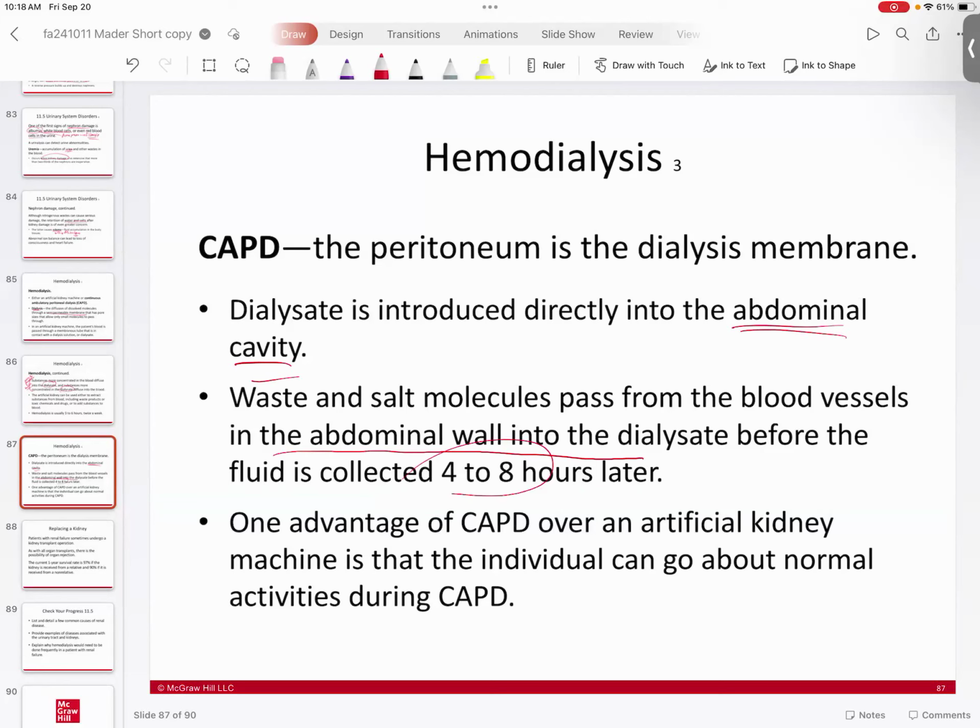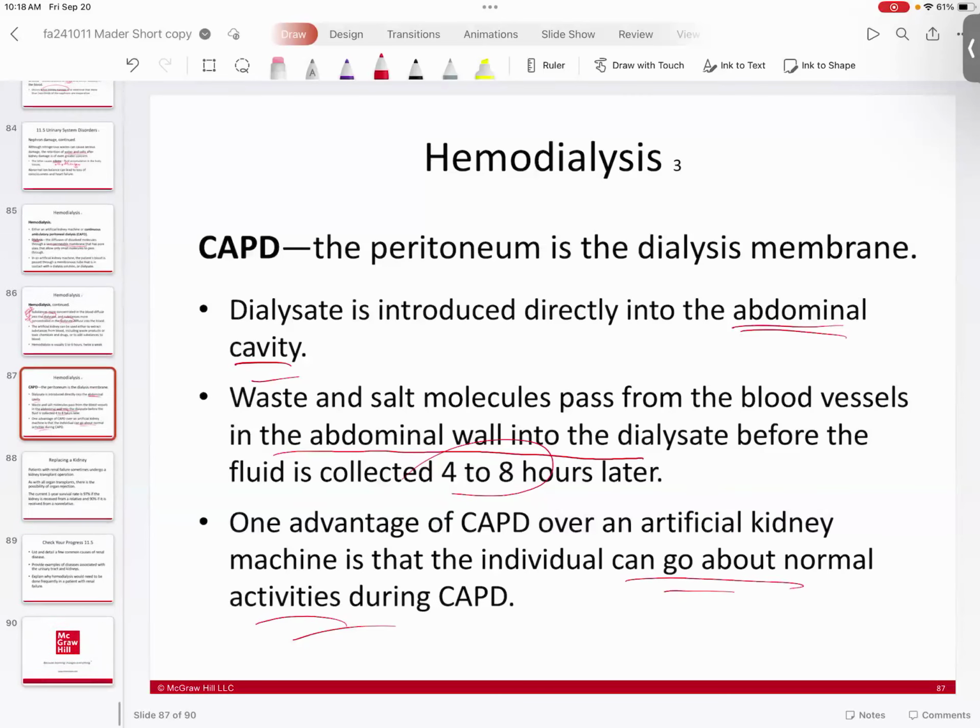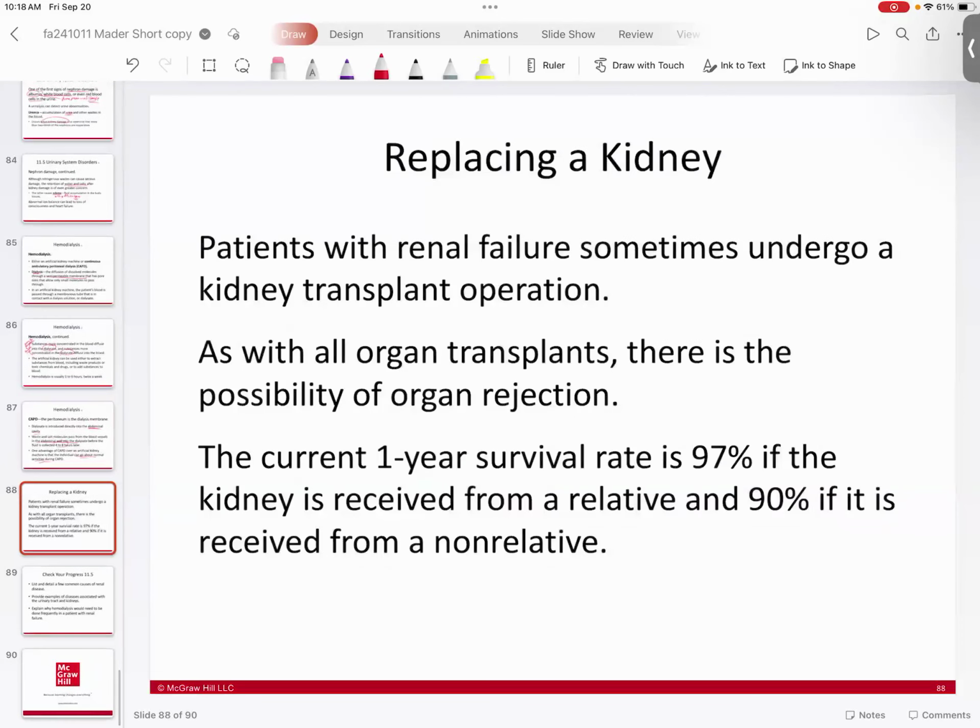So basically, you're kind of filtering this through the peritoneal liner. The one good thing about this is that typically an individual can have kind of a normal activity. They're not hooked up to a machine. This is just something where it's being filtered through their own peritoneum.